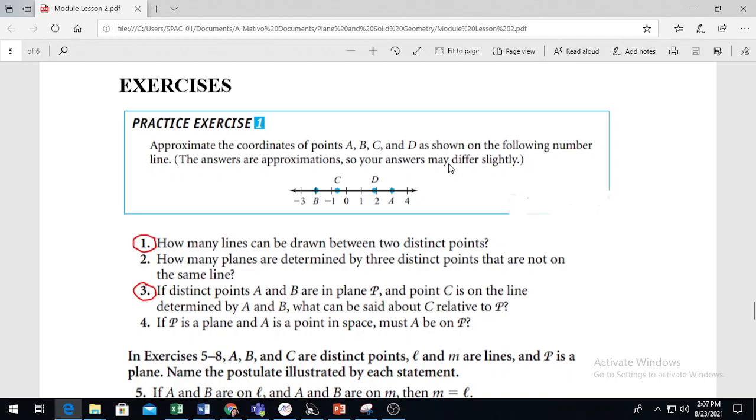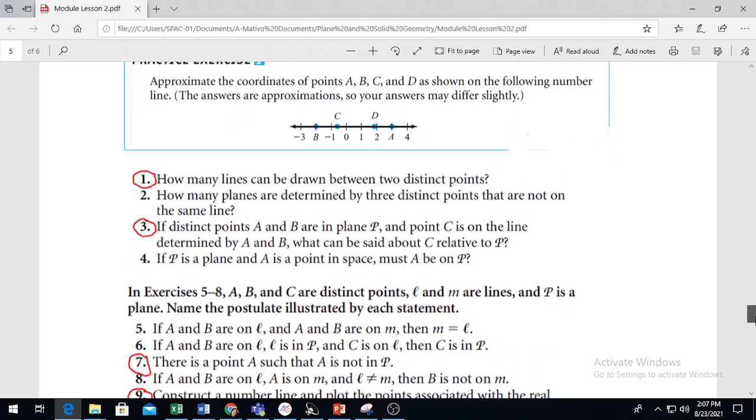For points A and B you can have the same answer because they are really on a point. However, your approximations for points C and D should vary at least slightly.